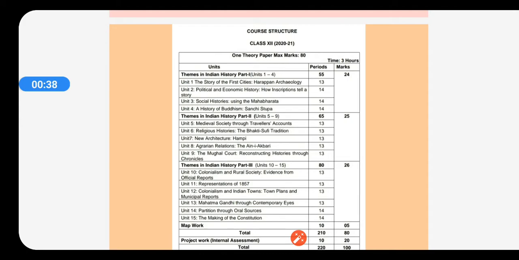So for theory paper, you have 15 chapters to read, and these 15 chapters are divided in three themes. First theme comprises from unit 1 to 4, that is of 24 marks.